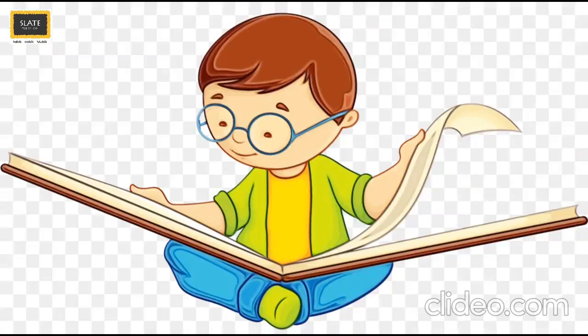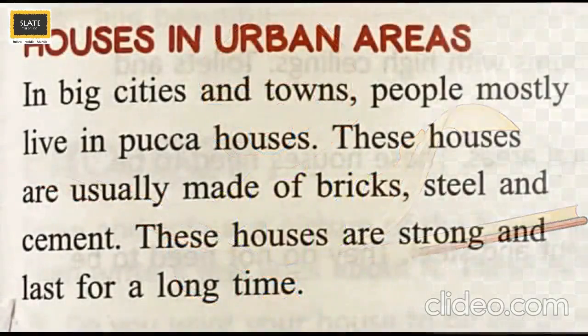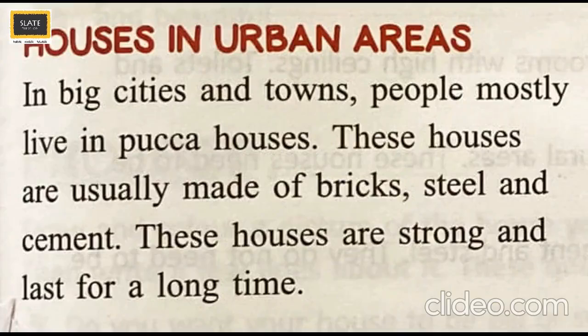Let's understand more about this from the textbook. Houses in urban areas. In big cities and towns, people mostly live in Pakka houses. These houses are usually made of bricks, steel and cement. These houses are strong and last for a long time.